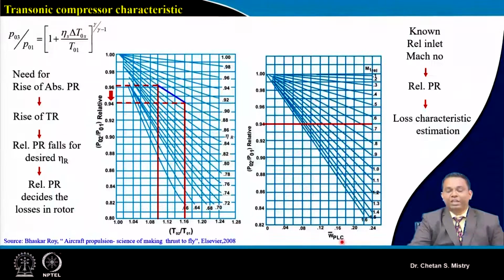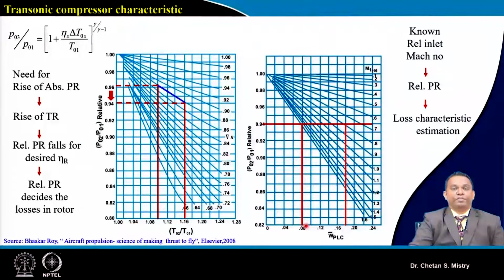What it says is, if my relative Mach number is higher, then we are able to have lower losses. If the relative Mach number is lower, my losses are going to increase. That means, in an overall sense, everything is asking for the development of compressors to move towards being supersonic in nature.